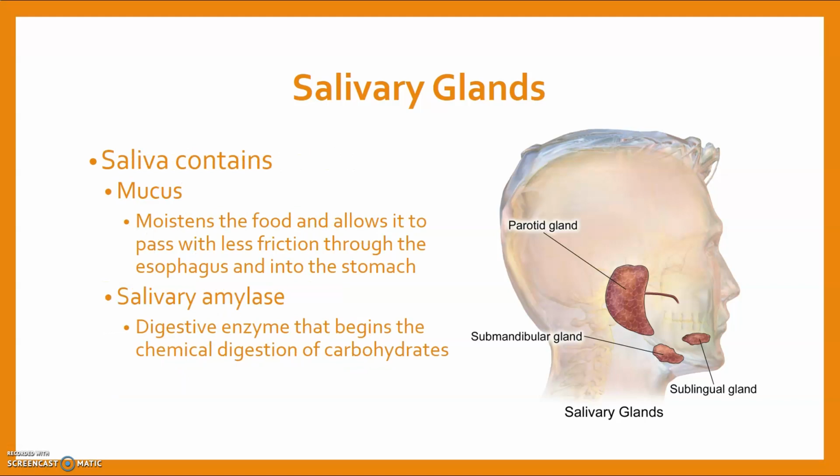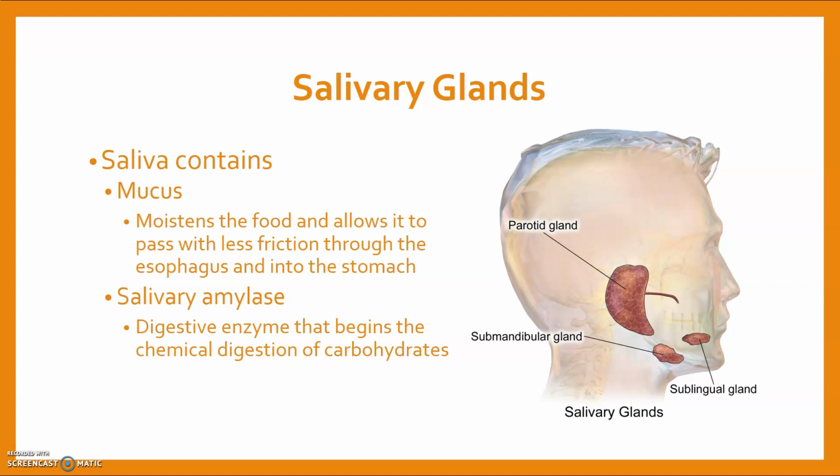And saliva contains two primary substances, mucus and salivary amylase. The purpose of mucus is to moisten food and allow it to pass with less friction as it moves through the alimentary canal, so as it goes from the esophagus and into the stomach.